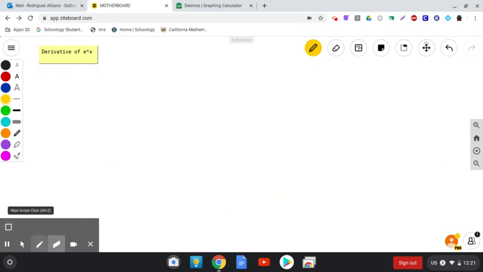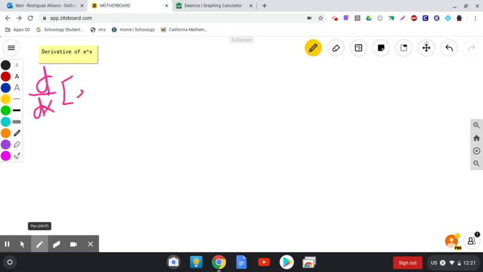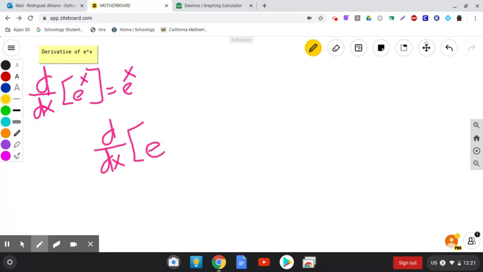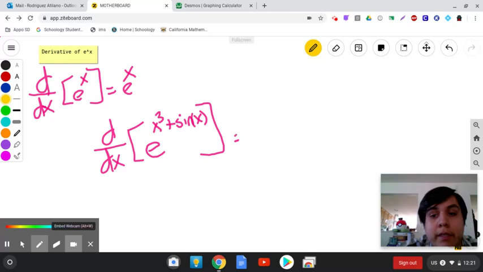All right, so what I know is this. The derivative of e to the x is itself, e to the x. So let's say I had to take the derivative of e to the x cubed plus sine of x. This one's actually a chain rule problem because I have two functions.